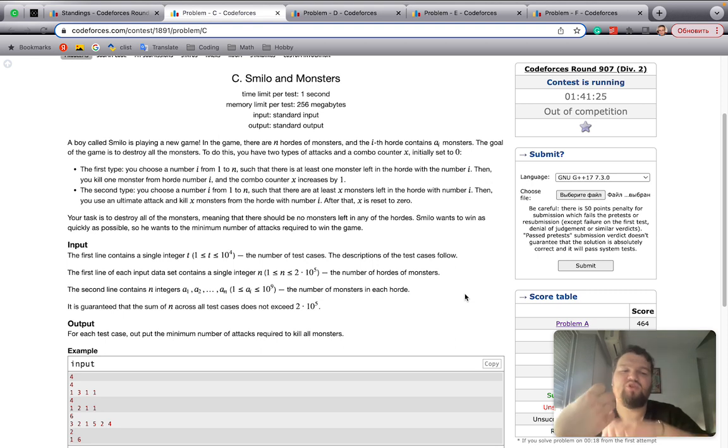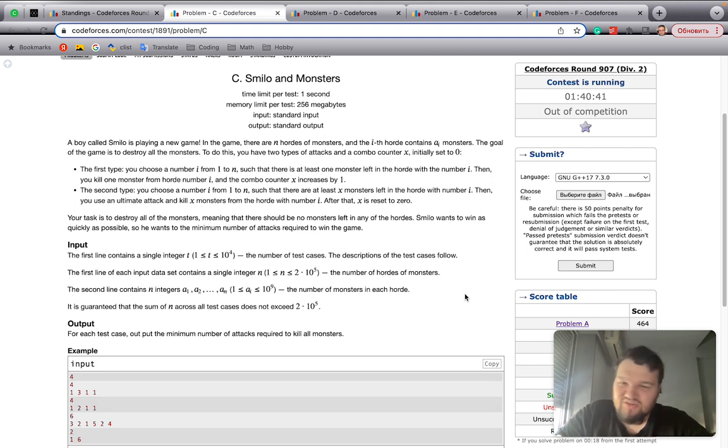So we kind of have these blocks of attacks, right? We increase the combo counter and then spend it. So if we want to have an ultimate with power k, we will spend k plus 1 attacks. The first k will be of the first type, so k attacks of 1, and then 1 attack of damage k.